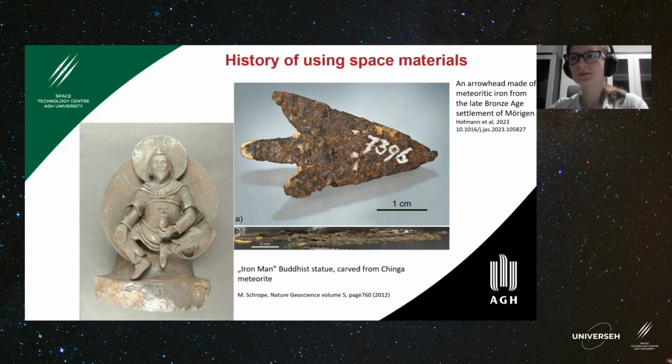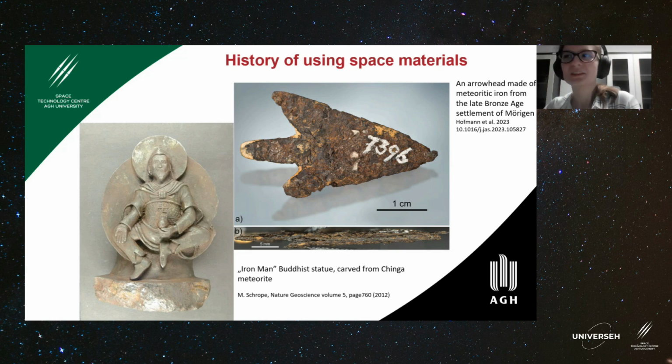And while those daggers were probably not really tools for war or for fighting, there are also even more practical objects made from meteoritic iron, because this arrowhead found in Switzerland was also confirmed to be made of meteoritic metal.